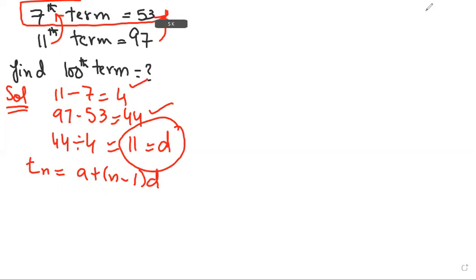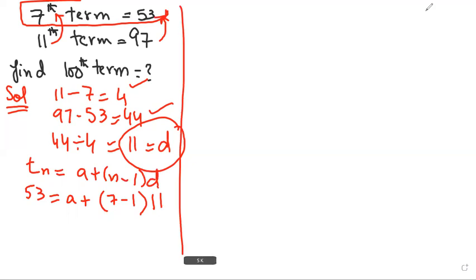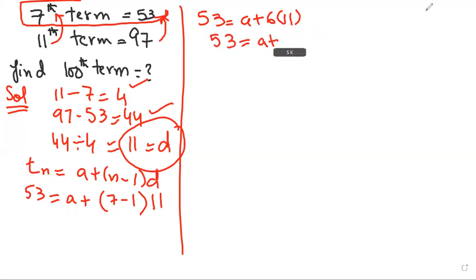Because my 7th term is 53, I'm placing 53 equals a plus, because it's my 7th term, I'm going to place 7 here instead of n and 11 instead of d. So if I solve it further, I will get 53 equals a plus 7 minus 1, which is 6, times 11. So it will be 53 equals a plus 66.